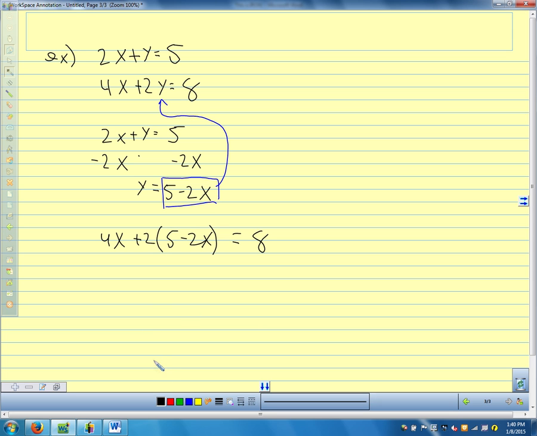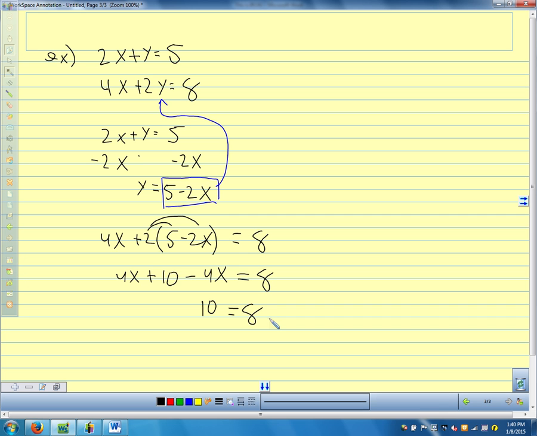And my next step here, I deal with these parentheses. So I get 4x plus 10 minus 4x equals 8. And when I simplify this side, what do I get? 4x minus 4x is 0x. 10 equals 8.